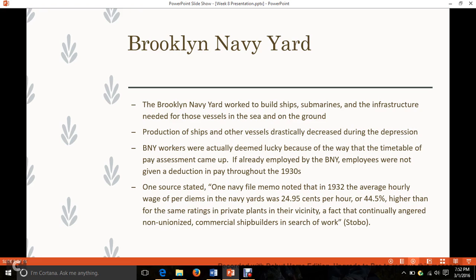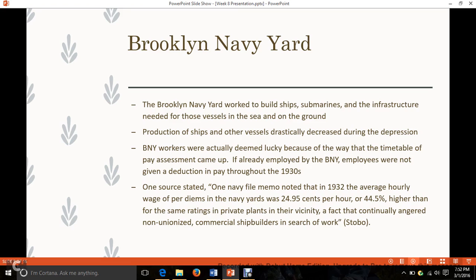The production of ships and other vessels really depreciated during the Depression. I think what I saw was maybe 3 ships over like 6 years, and I guess that was a really low number. So the amount of work available was rather small in comparison to the rest of the time.